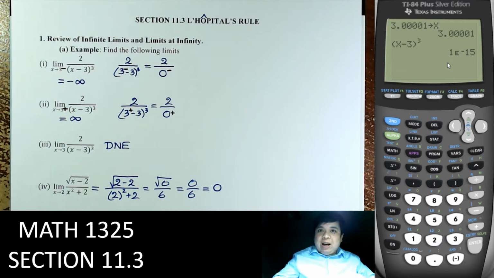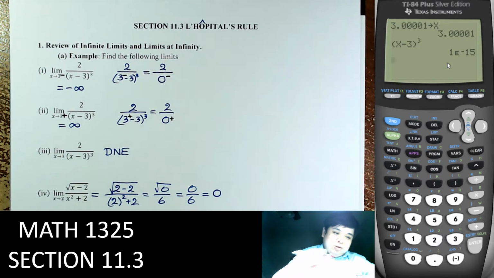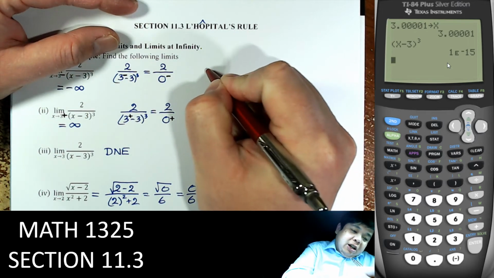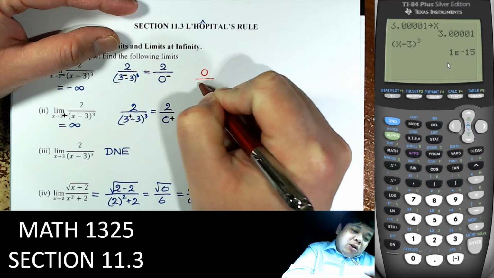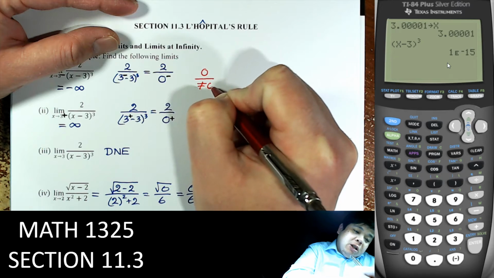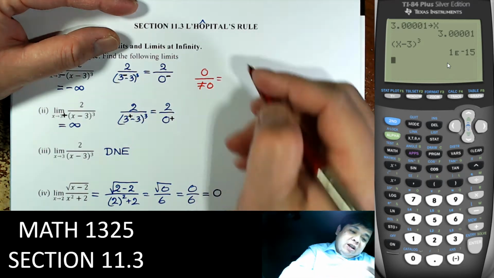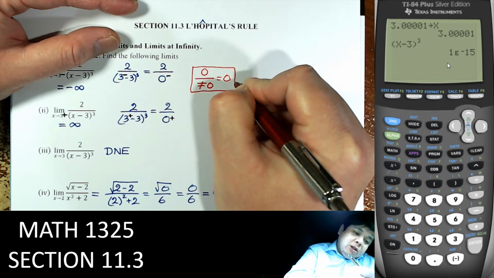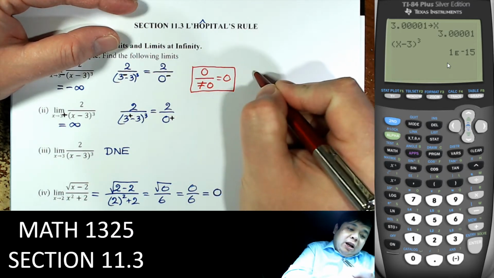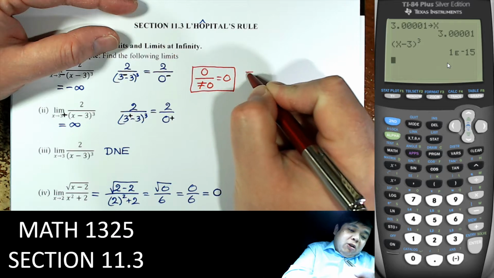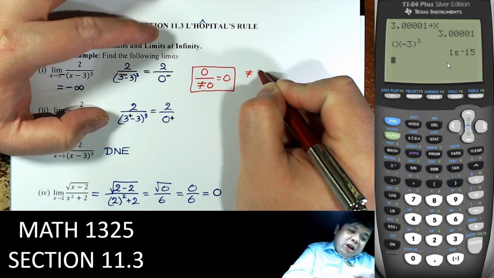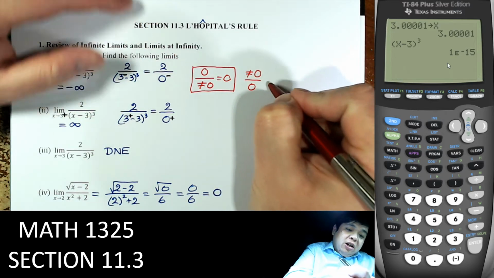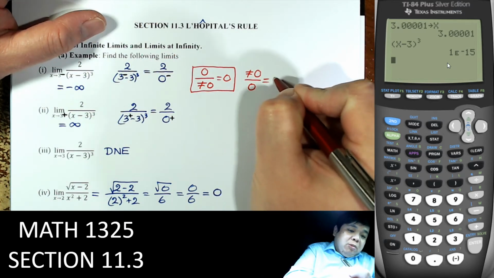Let's write out a summary of what we have. 0 divided by something that is not 0, just like what we have here, is 0. That's the first one. If we have something other than 0 divided by 0, that in general is undefined, or we can say it could be plus or minus infinity.